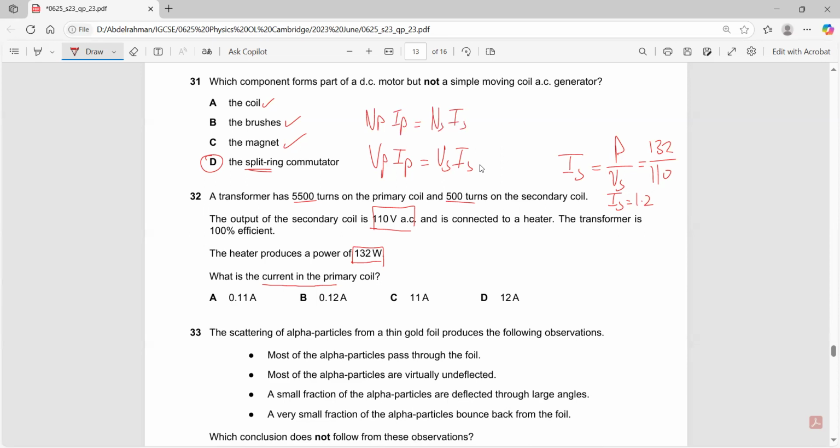The number of turns in the primary is 5,500 times Ip, which I do not know, is equal to 500 multiplied by 1.2. When you divide by 5,500, this would give you a current much smaller. Current would decrease, yes, which is 0.11 amperes.